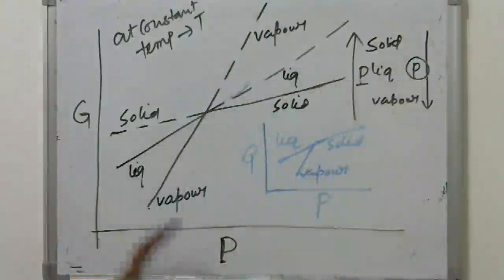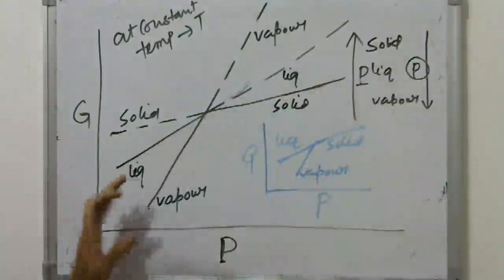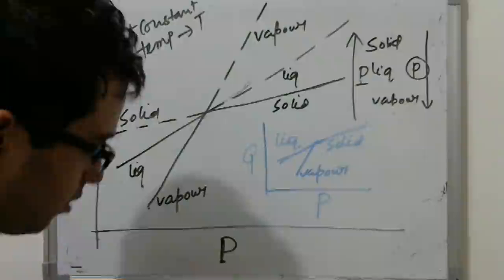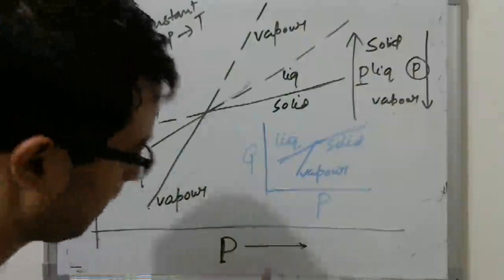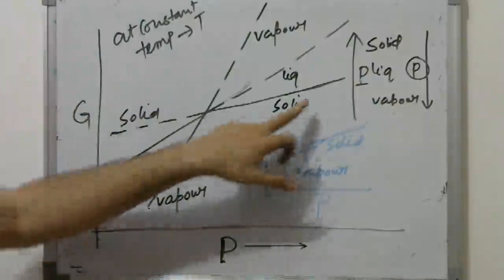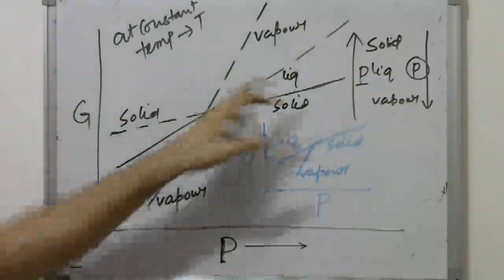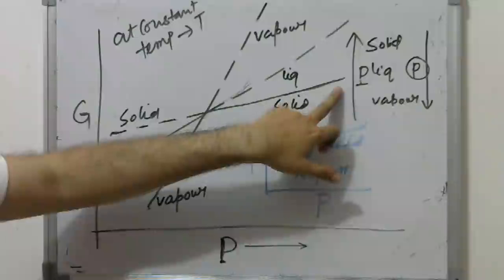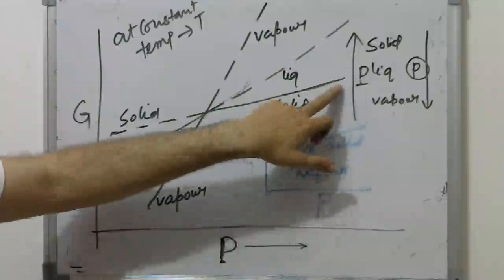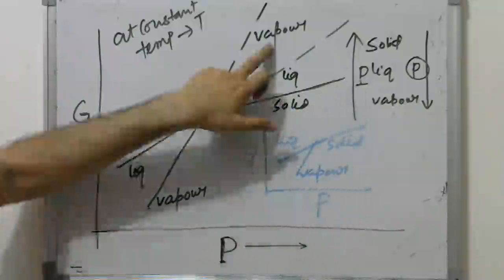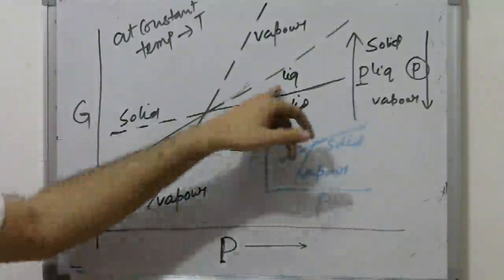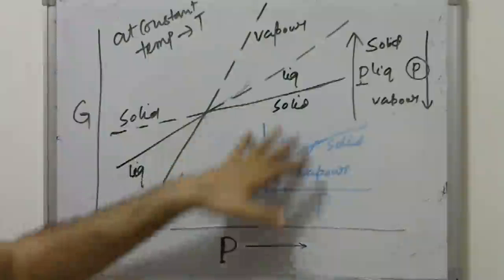So if you see the solid line, as pressure increases, solid has the least free energy from here to here. At a higher pressure, solid has the least free energy among solid, liquid, and vapor. Liquid has an in-between free energy between solid and vapor.